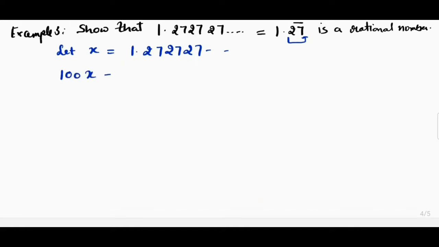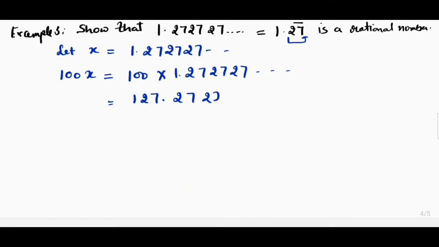So 100x is equal to 100 multiplied by 1.272727. So this will become equal to 127.2727 and so on. So see here I can split this number like 127 plus 0.272727 and so on. But I want this number to be equivalent to x.